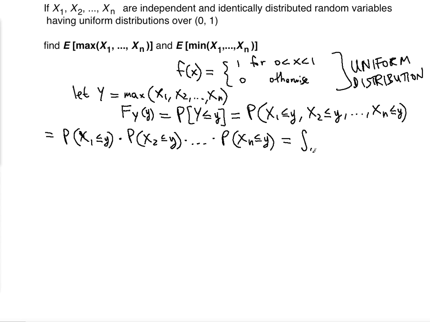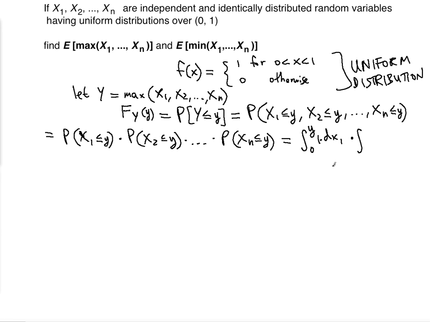So you start from 0 to y, for the first random variable, the dx1 integral. Remember there's a 1 multiplying, but we don't have to write it down.